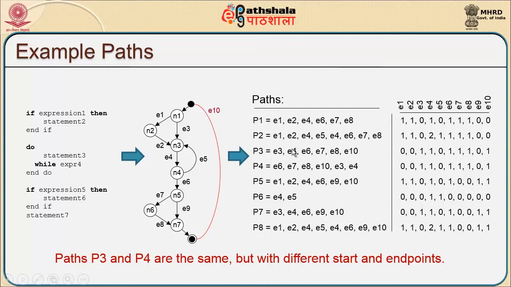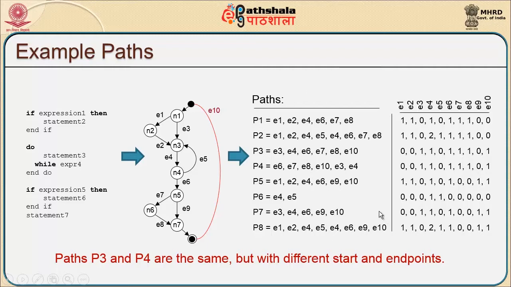With the existence of all the edges, I am again representing it by ones and zeros, but in this particular case I have traversed through edge E4 twice. That is the reason why I am indicating E4 with the number 2. Likewise, for all the independent paths that I have presented, I am converting them into edge values.